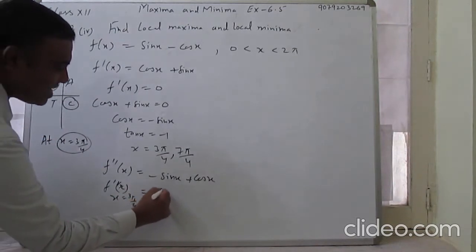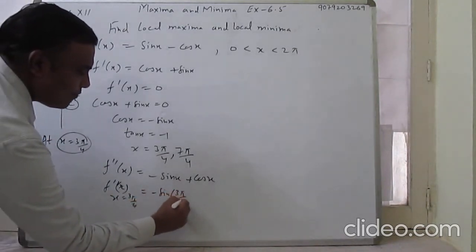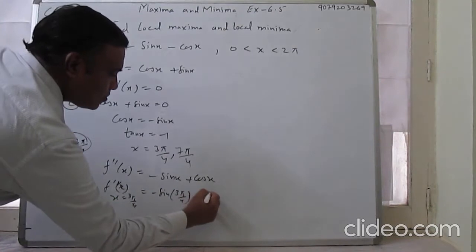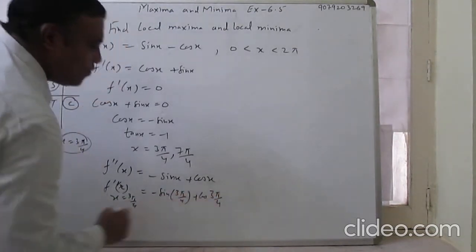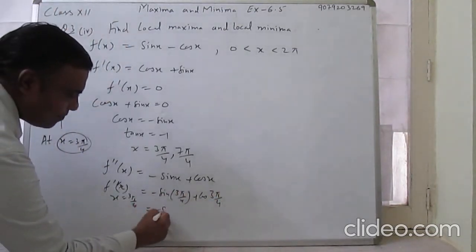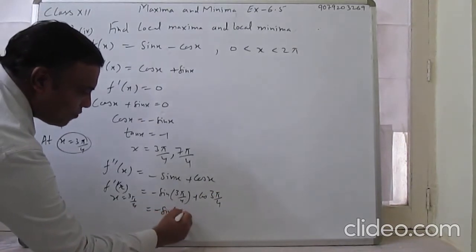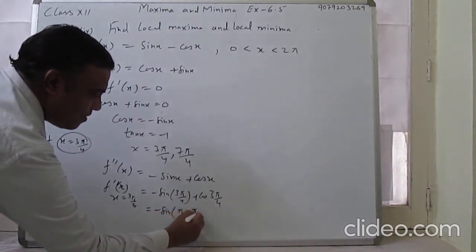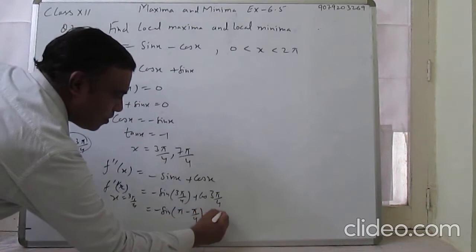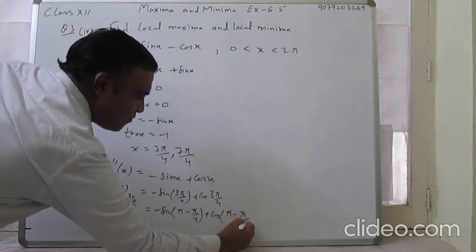So minus sin 3 pi by 4 plus cos 3 pi by 4. Here you see that minus sin 3 pi by 4 we can write as pi minus pi by 4, plus cos pi minus pi by 4.